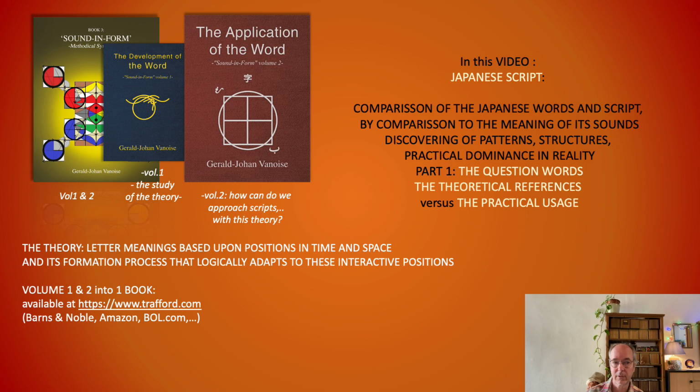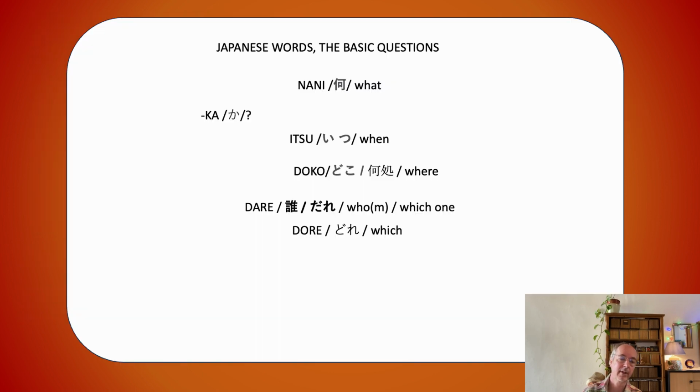In this video I will take just one very small step from the theoretical comparisons to the more practical usage of this script and of some of the Japanese words that can be compared to my theory. I have already explained some of the Japanese words with the basic questions of NANI, KA as well, ITSU, DOKO, DORE.